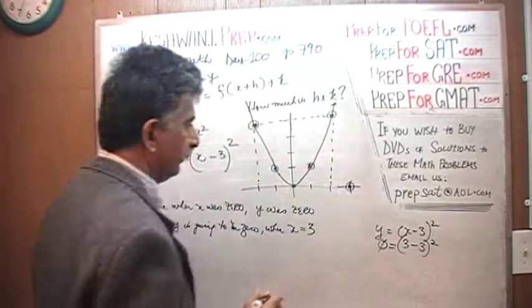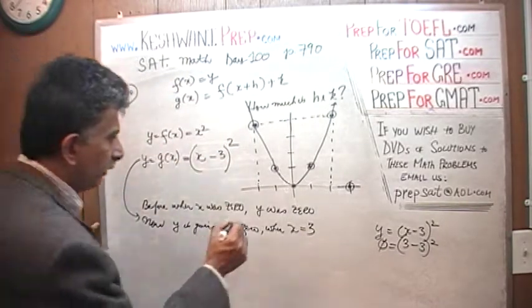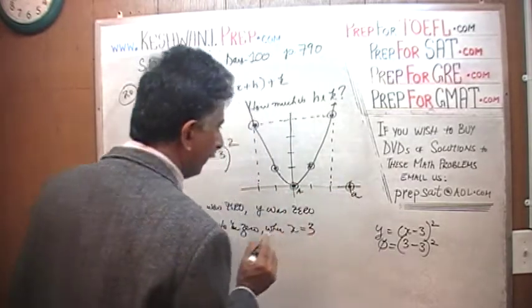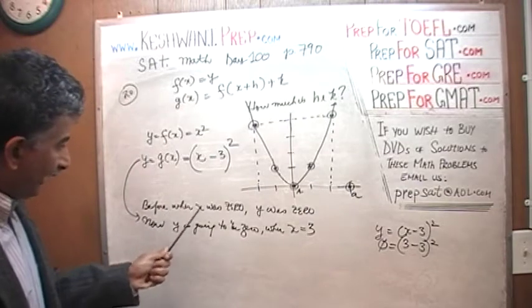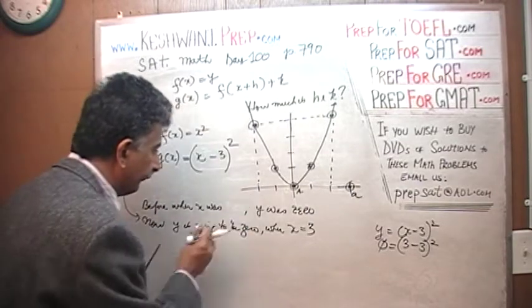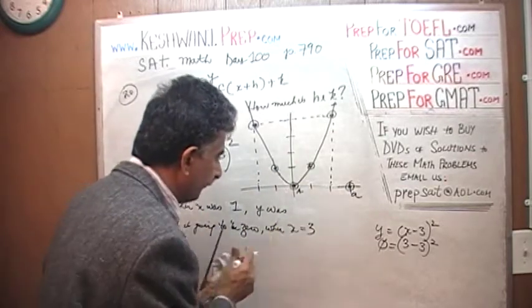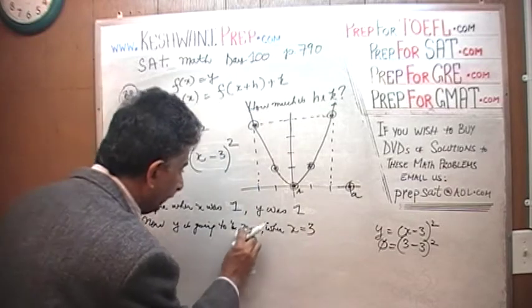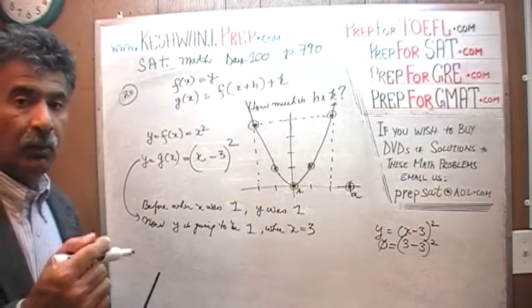Here's our first point. Before, let's give these points names, okay? We're going to call this point A, and we're going to call this point small a. Now again, one more time. Before, when x was 1, y was 1. Now, y is going to be 1 when x is 3 more than before.